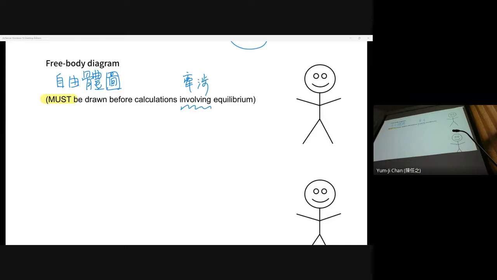The thing is, as long as your answer has this one, summation F equal to 0, then I need to see a free body diagram. Okay. Let's go back to the last page.